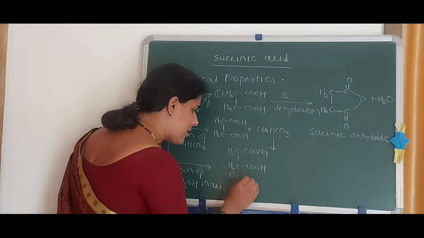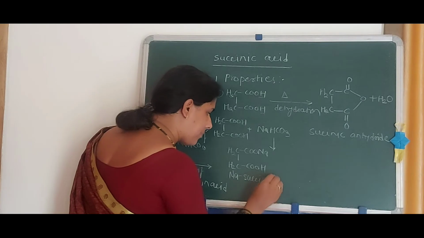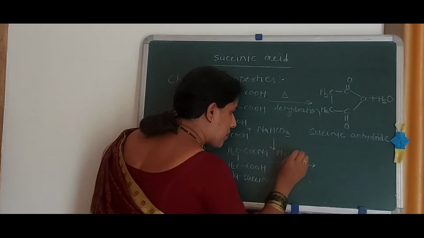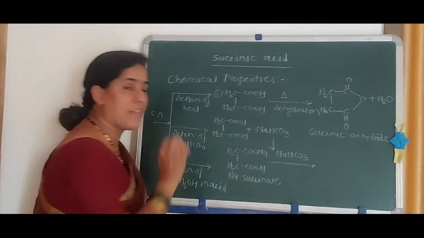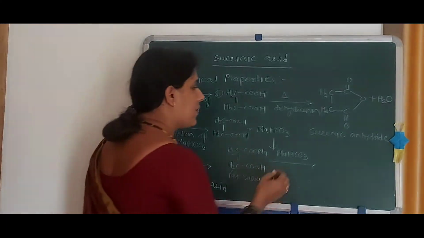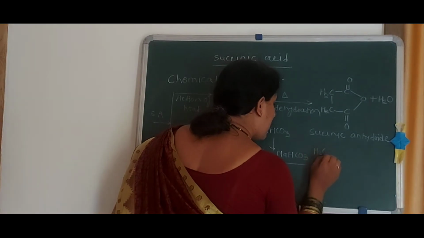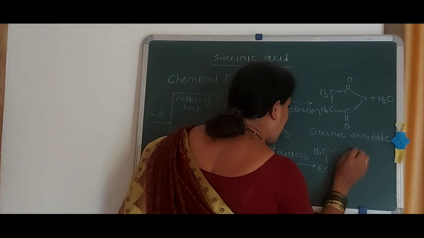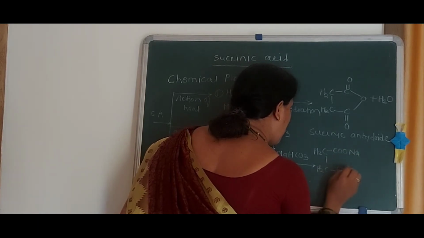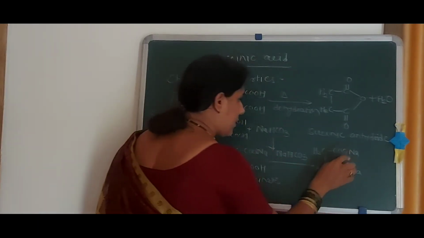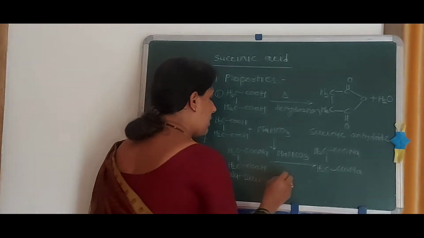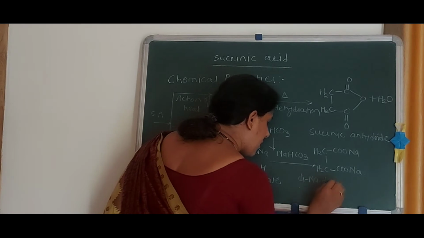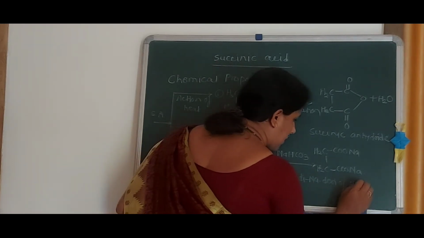Again with sodium bicarbonate, another H is again replaced by Na. Therefore, there is formation of CH2, CH2, COONa and COONa. That is the disodium derivative of succinate.